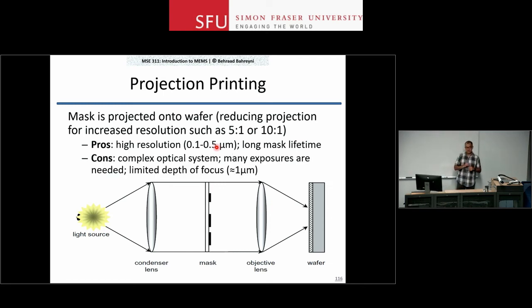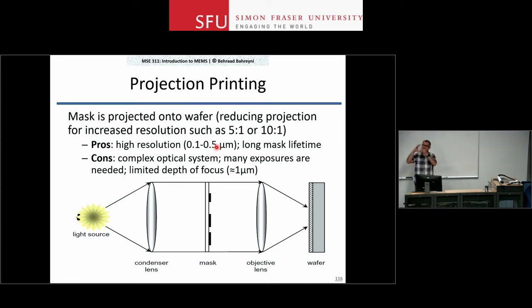Cons, well, this is where the price you pay for all the benefits comes in. It's a much more complex system than the one we just showed. So what the complexity means is that it's a lot more expensive than the previous system. Now, that's one issue. The other issue is that because we are having a 10:1 reduction in image size, we cannot cover the entire wafer area in one shot.